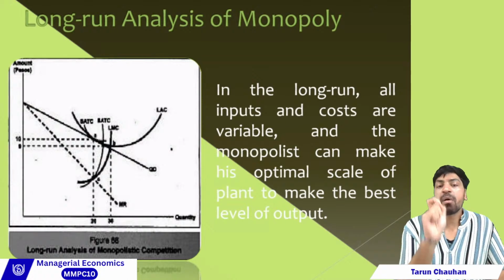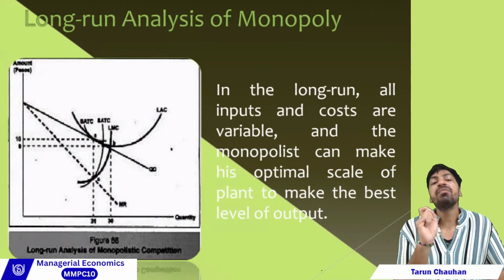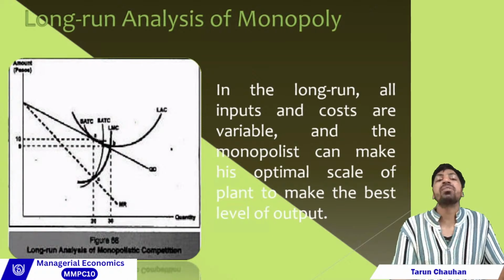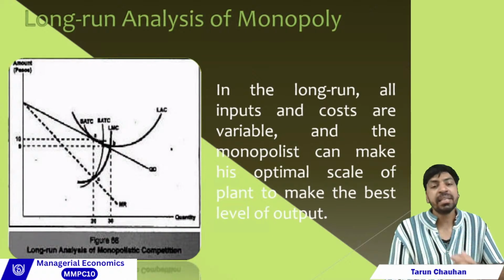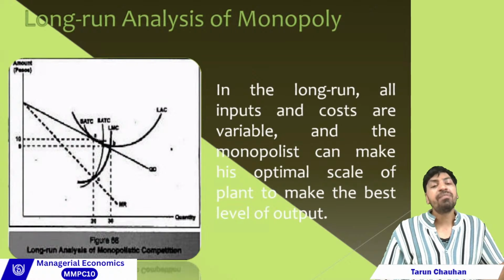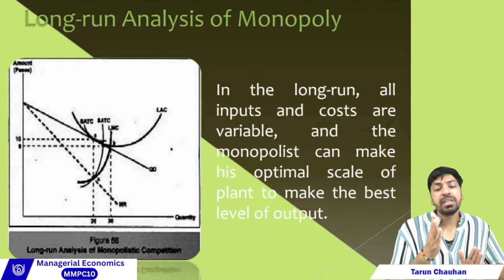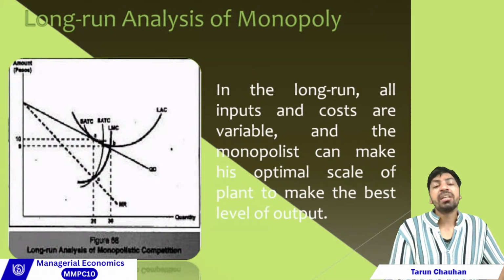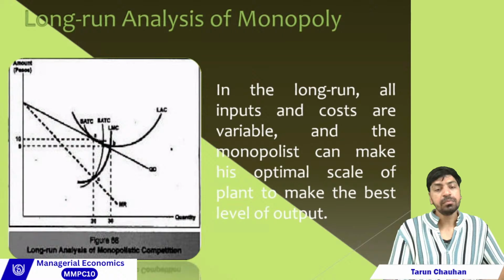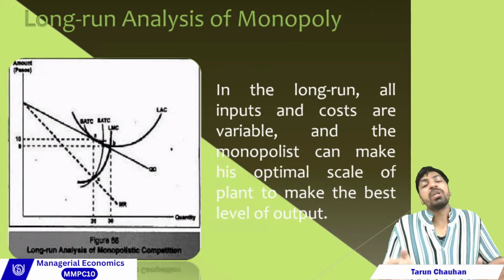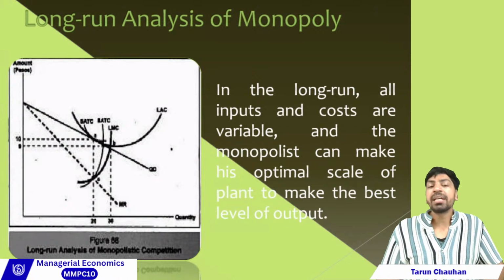The minimum point where the quantity increases is the intersection point of LMC and LAC, which is denoted by the alphabet B. That's called the new output, which increases the output at a lower price, from 24 to 28, and the price falls from 10 to 8. So the new equilibrium point is just below the intersection point.